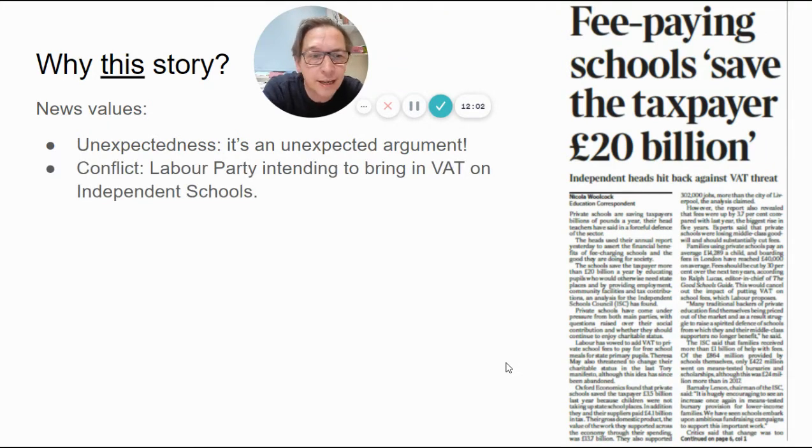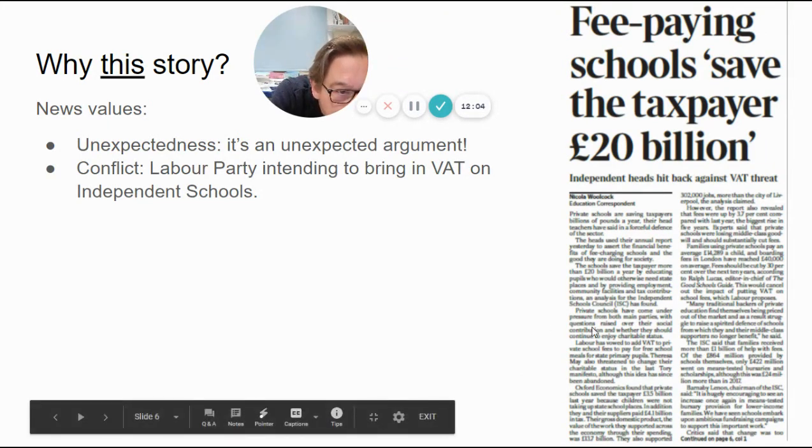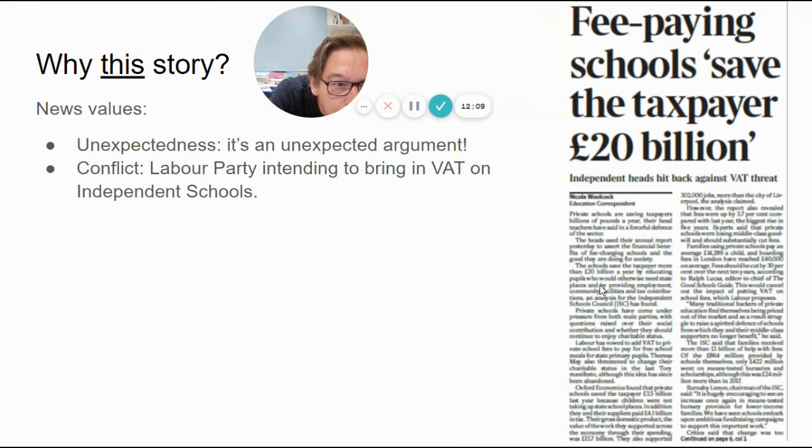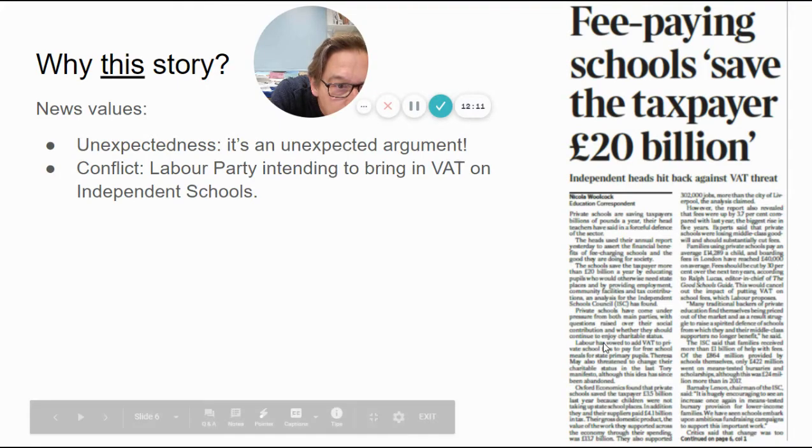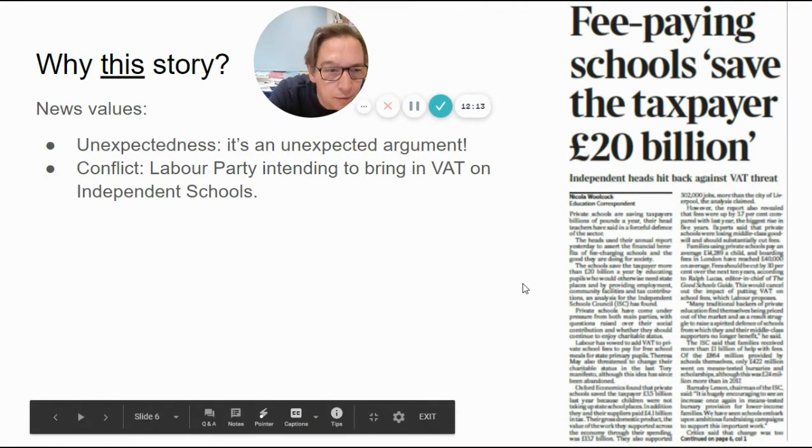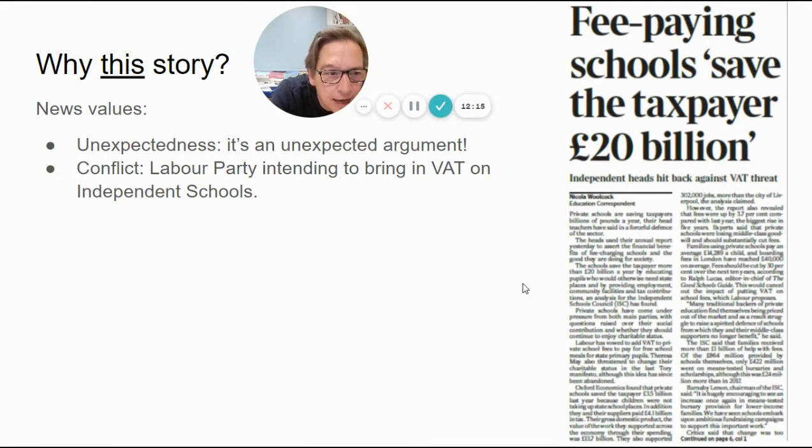There's conflict here. Now, if you read the story, where is it down here? It's down in the 5th paragraph here. Labour has vowed to add VAT to private school fees to pay for free school meals for state primary students.